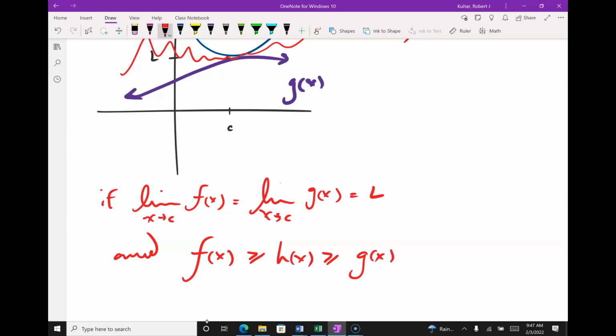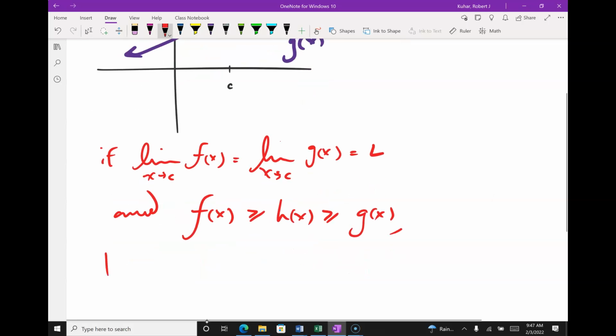Should be obvious. So if that happens, then the limit of h of x is what? So this is kind of graphical again. Yes, you can see it graphically, but I don't want you to answer the question and go, look, right?